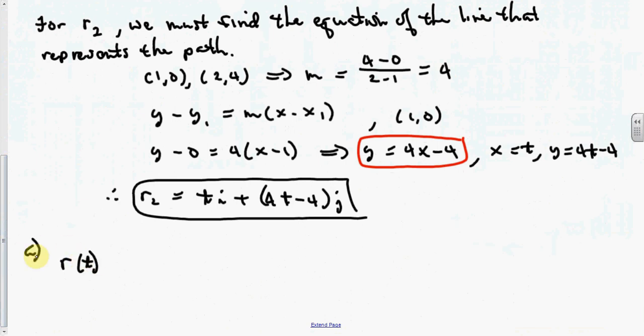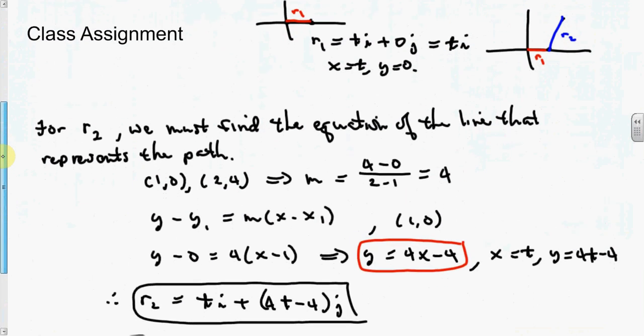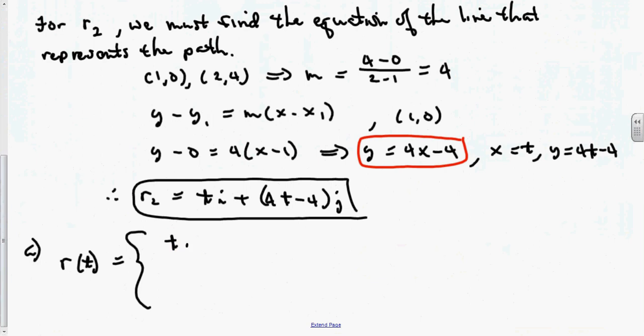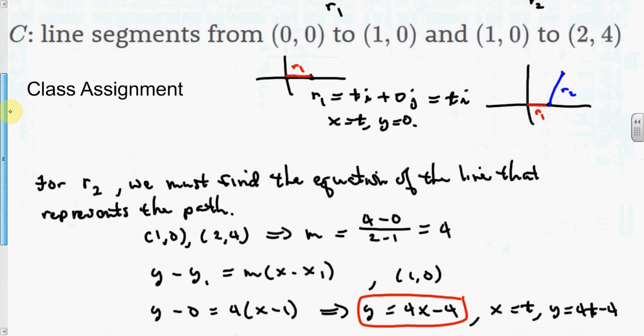So for part A, R of t is given, this is what they mean by piecewise. Here we have R sub 1, that was ti on the interval from 0 to 1.